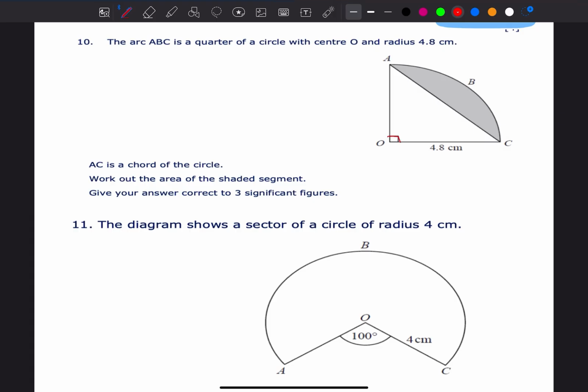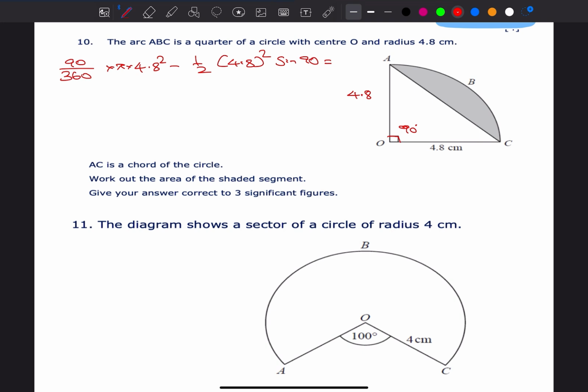This is 90 degrees, remember? 4.8. So 90 over 360, area of sector, times pi r squared, pi times 4.8 squared. Take away the area of the triangle, half times 4.8 times 4.8, which is 4.8 squared, times sine 90.